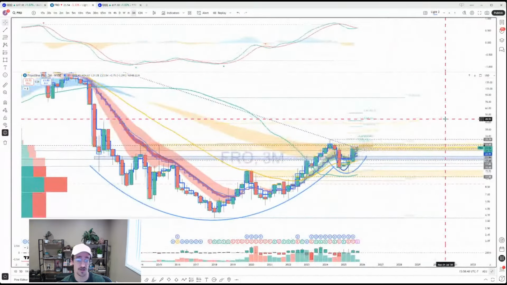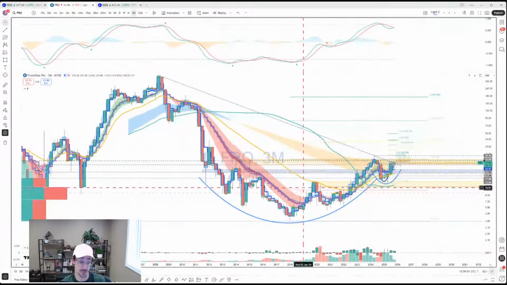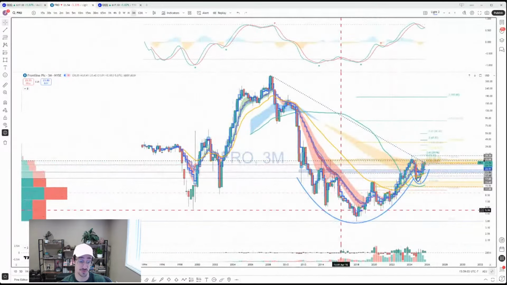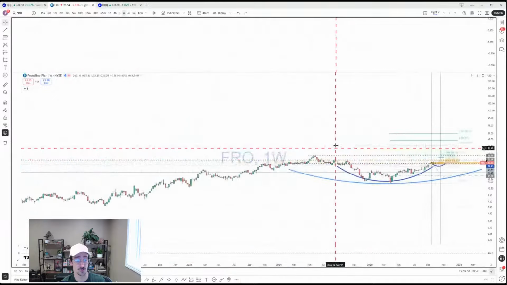Venezuela and primarily Russian, any kind of Russian sanctions that we've been seeing headlines about. That is going to be what breaks these out of these long-term ranges. These stocks mostly have very shitty ownership.